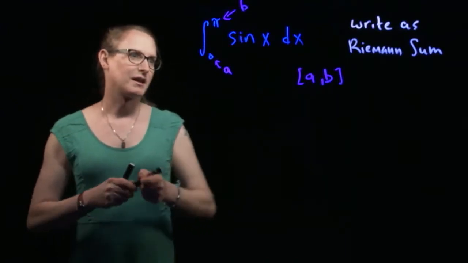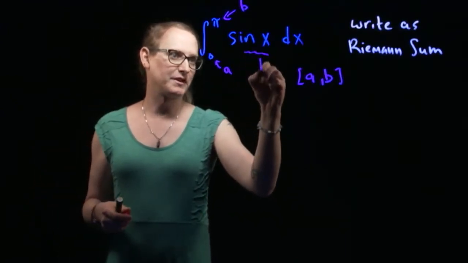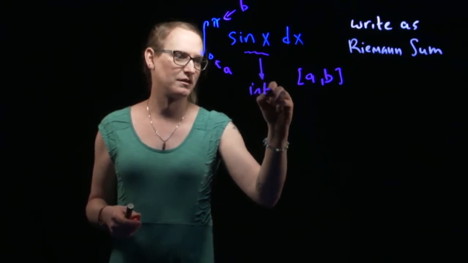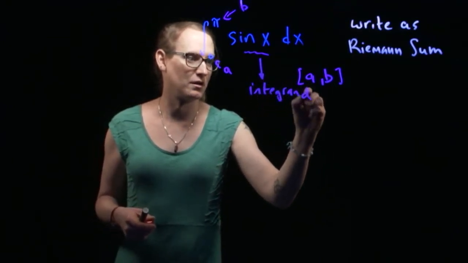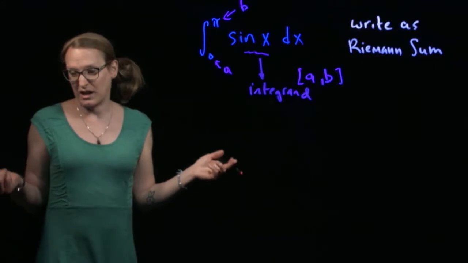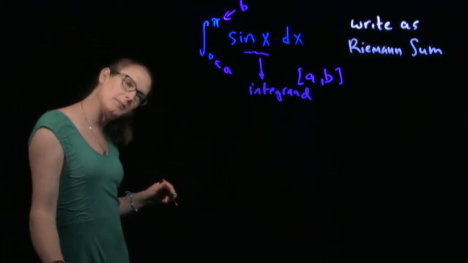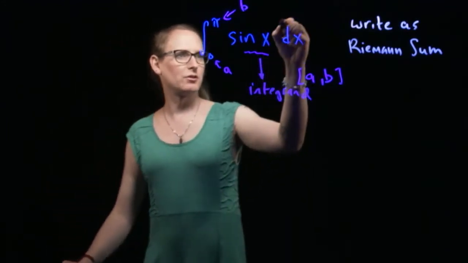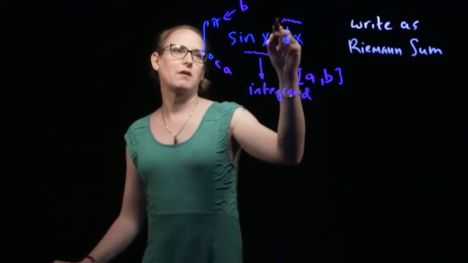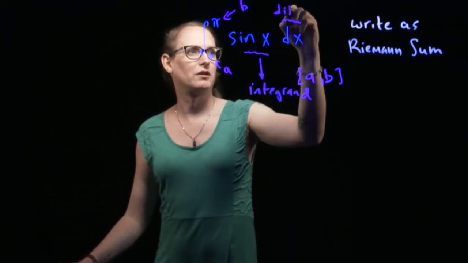The thing inside here, this is what we call the integrand. It's the function that we're going to integrate, the function that we want to find the area underneath. And this little dx right here is the differential.